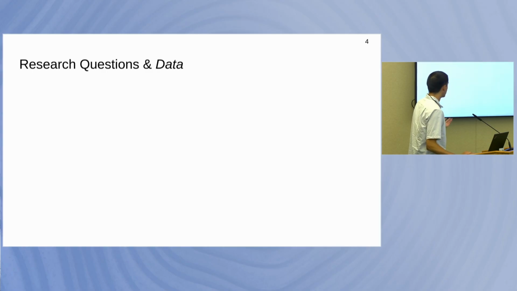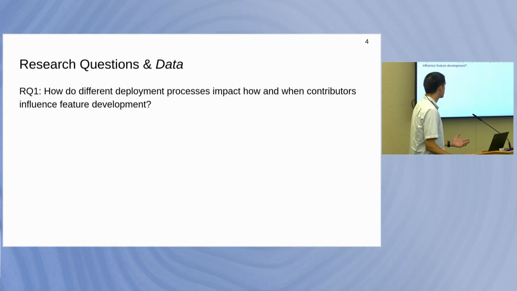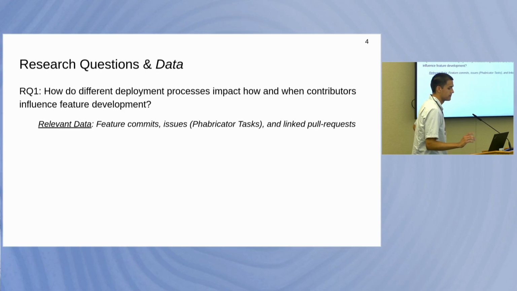So finally, we arrive at what questions we are asking about these cases, and what data we are looking at to get at some of these questions. We're curious about how the variance in the prior comparison across the different deployment processes impacts how and when contributors influence feature development. To look at that, we're going to look at the commits to the feature, the issues.